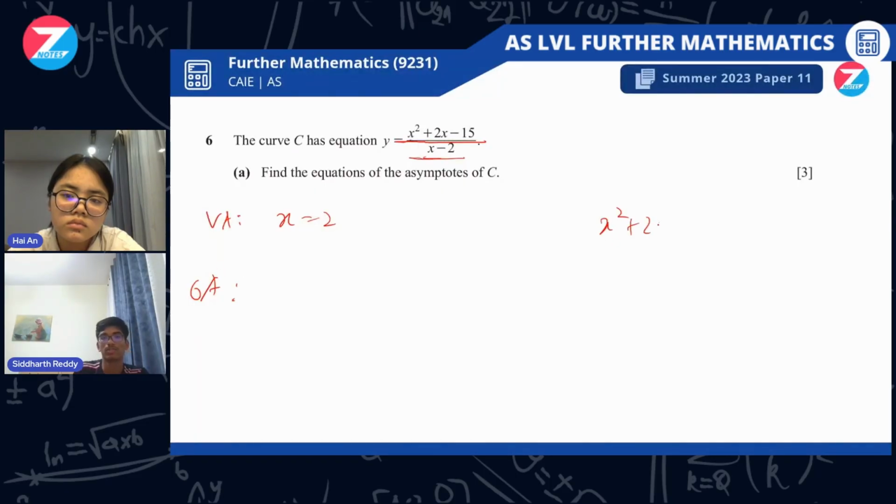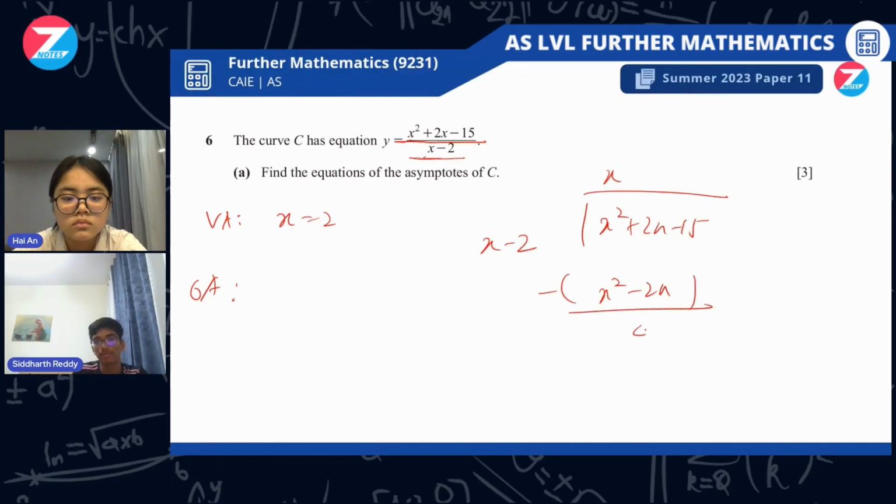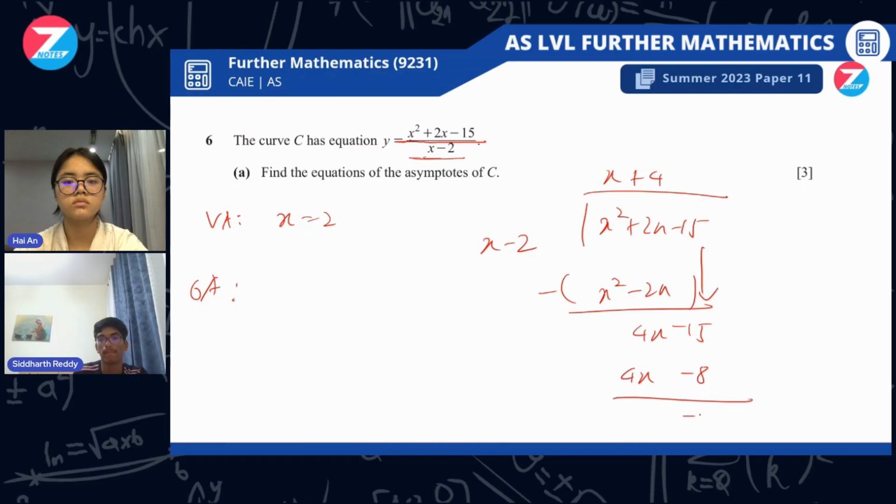So x squared plus 2x minus 15 divided by x minus 2. So let's multiply by x, we get x squared minus 2x. Subtracting, we get 4x minus 15. So plus 4, we get 4x minus 8. So left with minus 7.